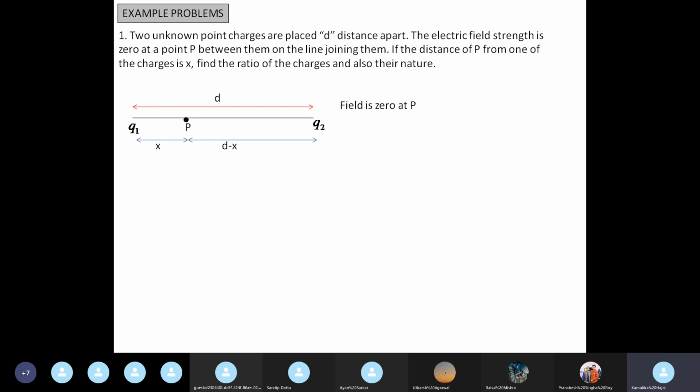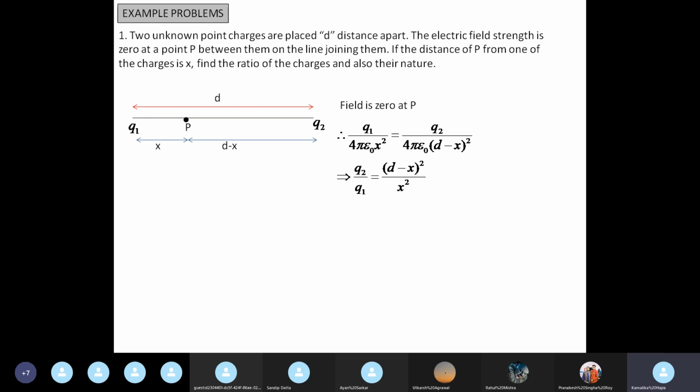Now according to the problem, the field is 0 at the point P. Here you have to use the expression of electric field. So what is the electric field at P? Q1 by 4 pi epsilon naught x square. And the expression of electric field due to Q2 at P is Q2 by 4 pi epsilon naught (d minus x) whole square.